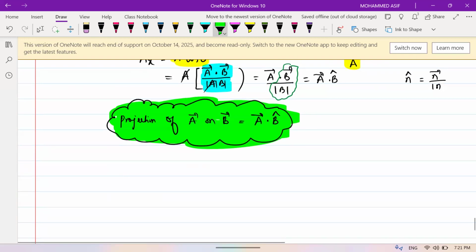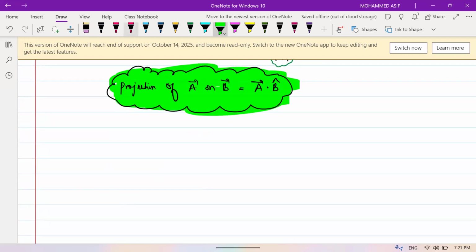Now, in vector form, if I am writing it, it will be A cos theta followed by direction, that will be equal to B cap. Clear?